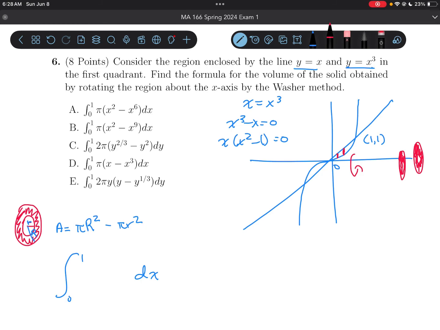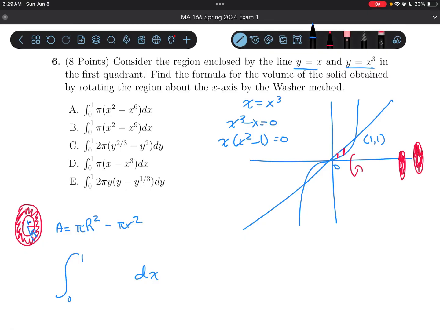So now this line will tell us the value of the larger radius, and then the curve y equals x cubed will be the smaller radius, because as you can see with this drawing over here, this aligns with y equals x, and the smaller cut out circle lines up with y equals x cubed.